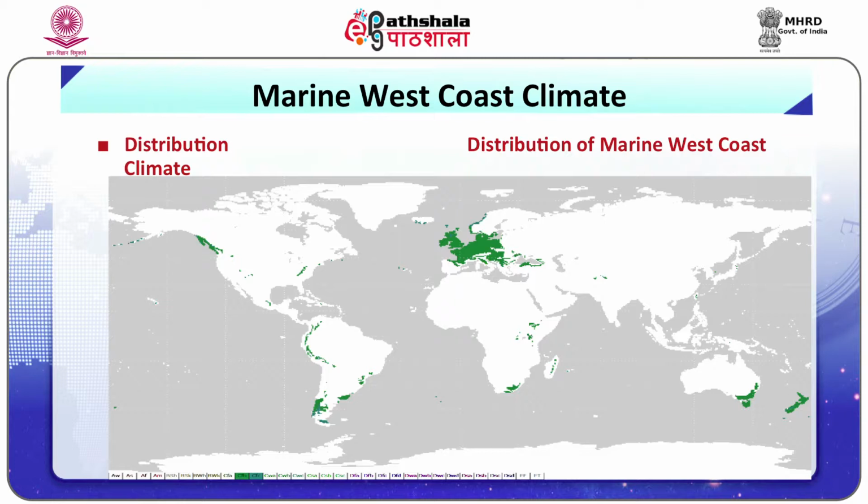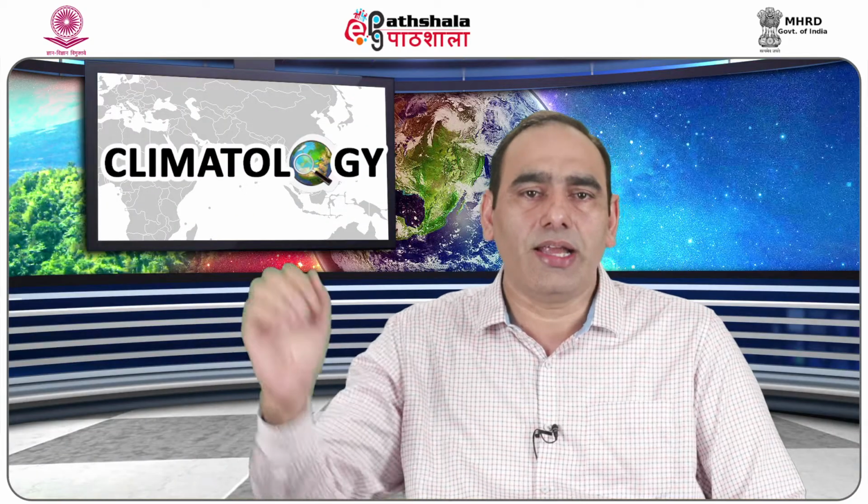The largest area of this climate is in Europe, where it extends along the west coast up to 68 degree north Norway. The northward extension of this climate is made possible by the moderating influence of North Atlantic drift, which is a warm ocean current. As there is no mountain barrier blocking the movement of cool maritime air from North Atlantic, the climatic conditions prevail far inland.